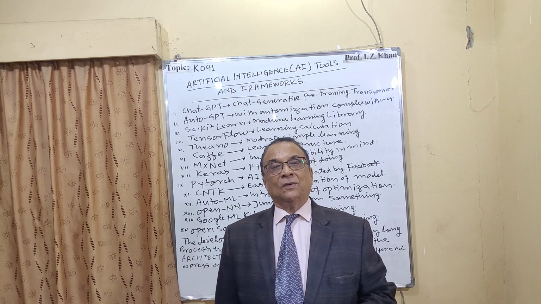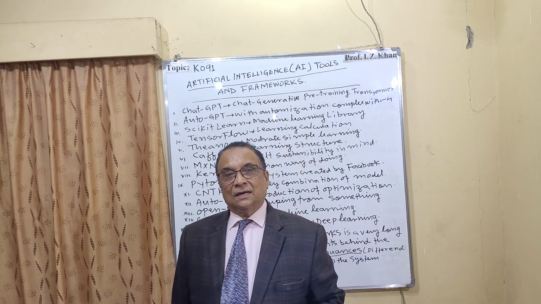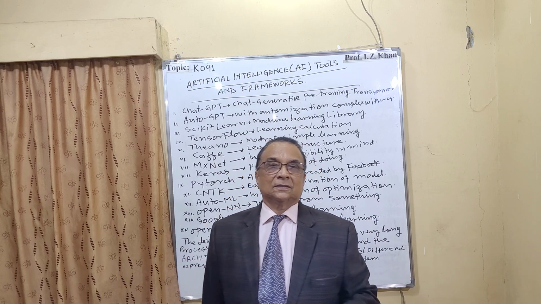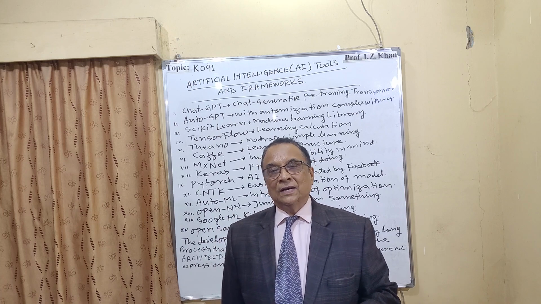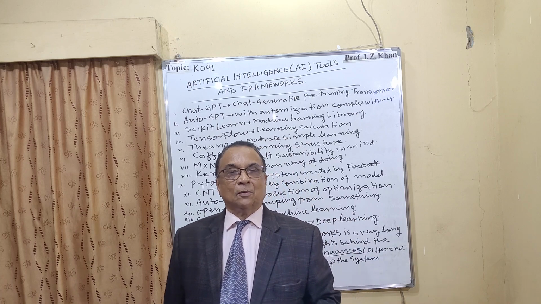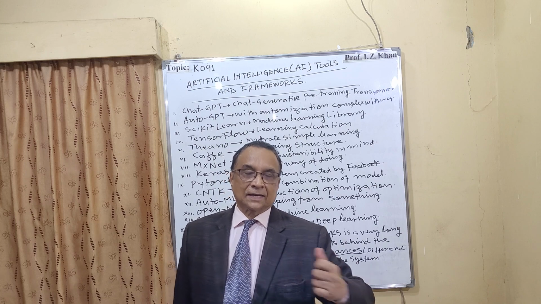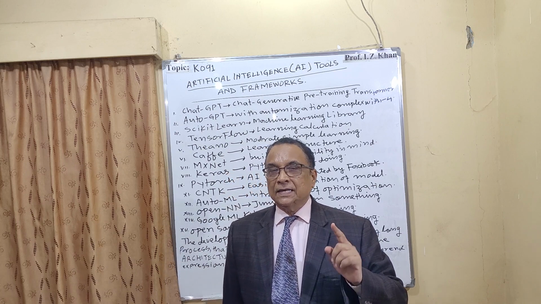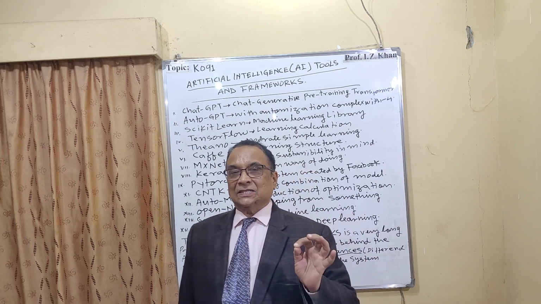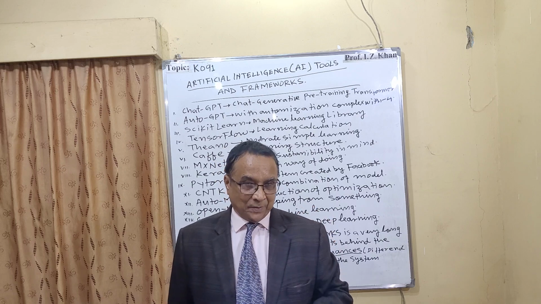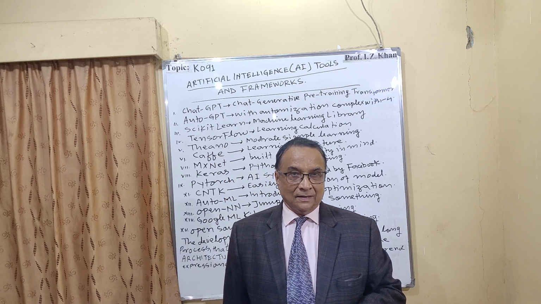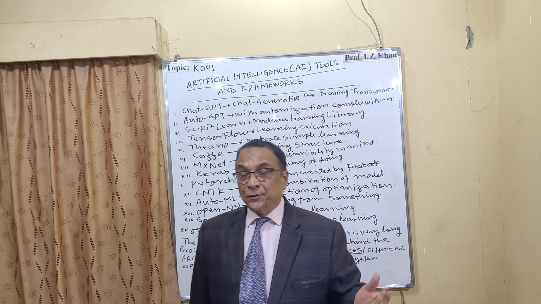Bring water, it will bring water. Please, I want a 500 words, one page introduction about mango, it will write and give you. So it is following instruction for a specific purpose. That is ChatGPT.